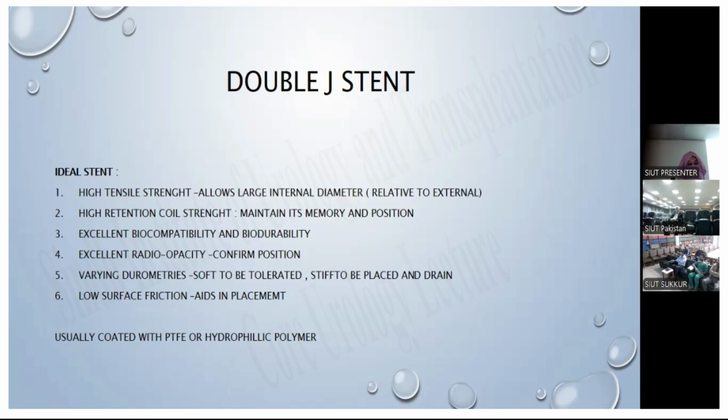Excellent biocompatibility and biodurability, because it has to stay up to some months. And excellent radio opacity for confirmation of procedure, and varying durometry, soft to be tolerated and stiff to be placed and drained. Low surface friction to aid in placement. Usually it is coated with Teflon, PTFE, and hydrophilic polymers.